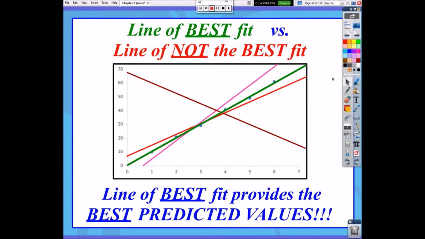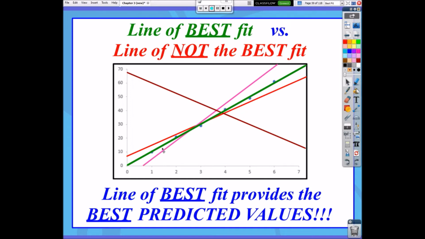Another example I want to show you here is our line of best fit, the LSRL. It is the best possible line that fits our data, but there are technically infinitely many other lines of not best fit. All right, so you could have some lines like this red line or this pink line. They're really close to the green line, right?